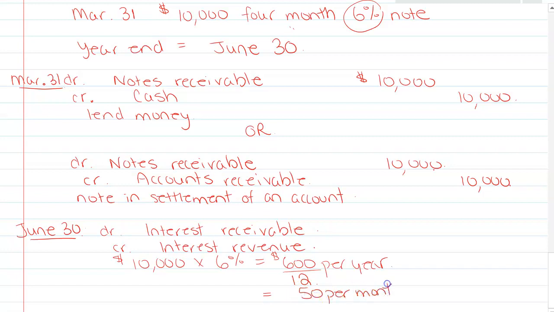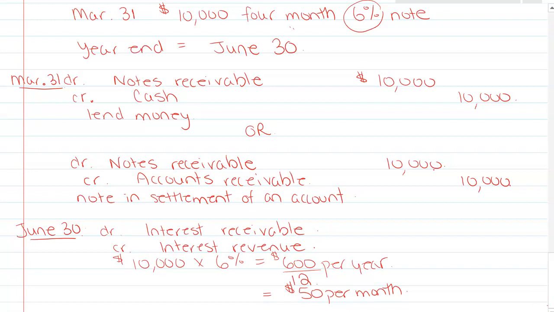So when we're doing our adjusting journal entry at the end of the month, we have to watch out for when the adjustments get made, because some companies will make the adjustment every month. That means I would put $50 down, and then other companies will just wait till the year end to put the adjustment. And so in this case, we're just adjusting at the year end.